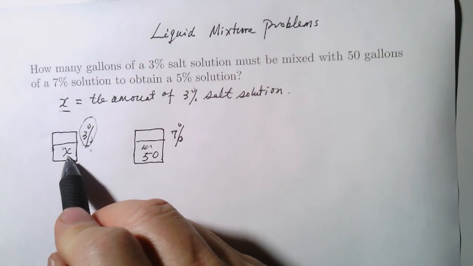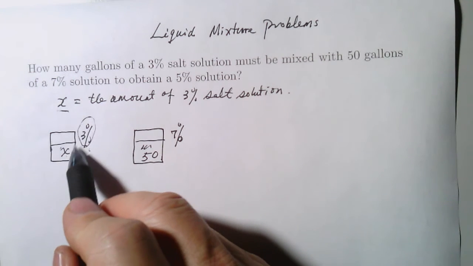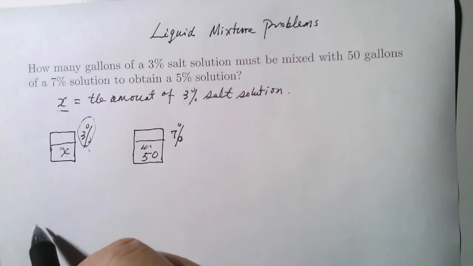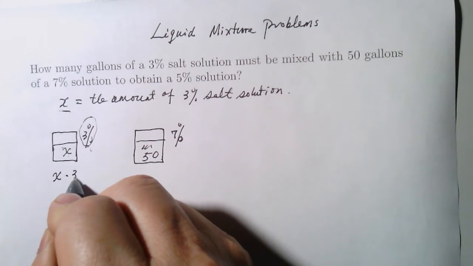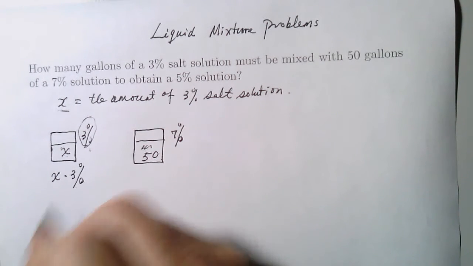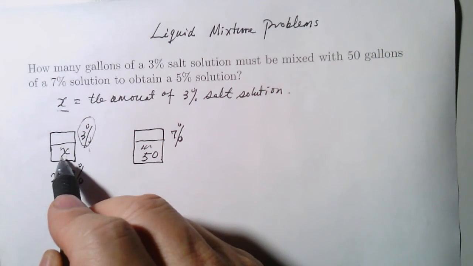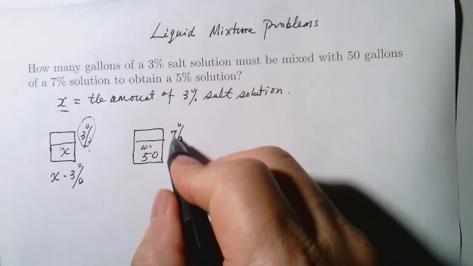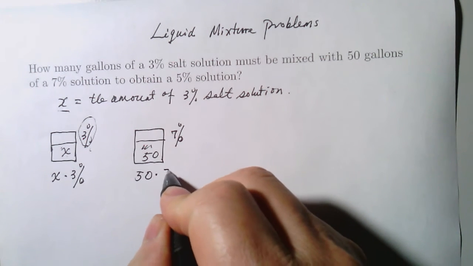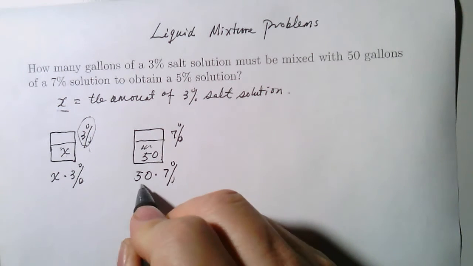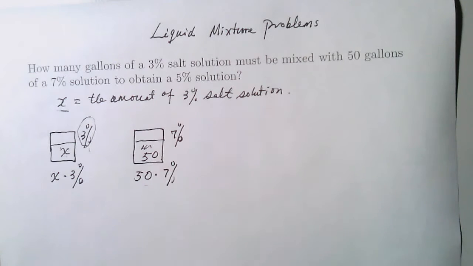The volume times the concentration equals the total amount of salt. So x times 3% gives you the amount of salt in that solution, and 50 times 7% gives you the amount of salt in the other solution.